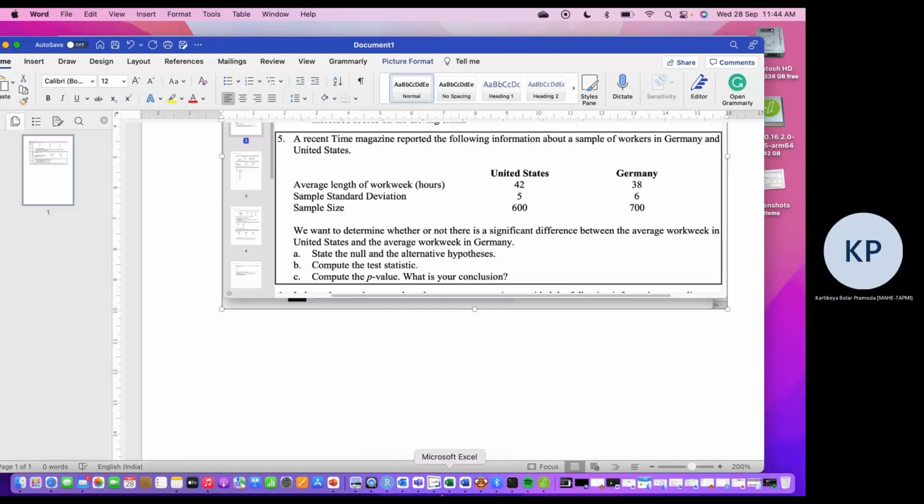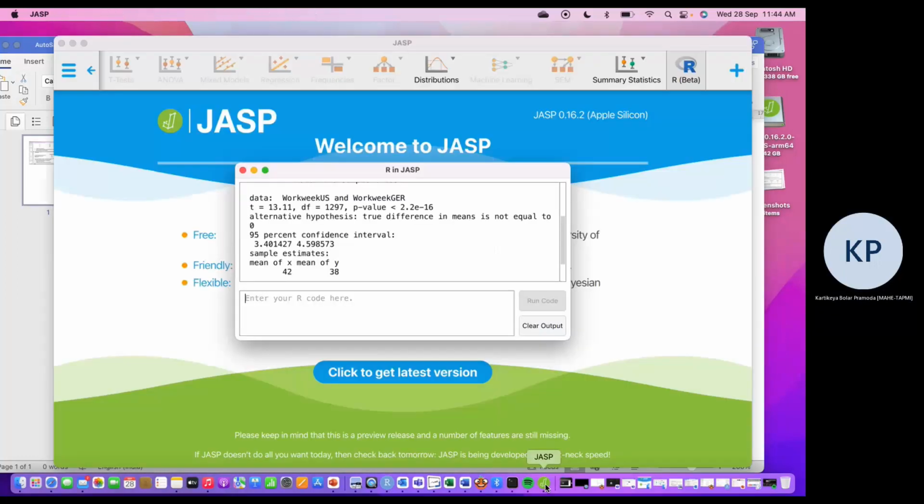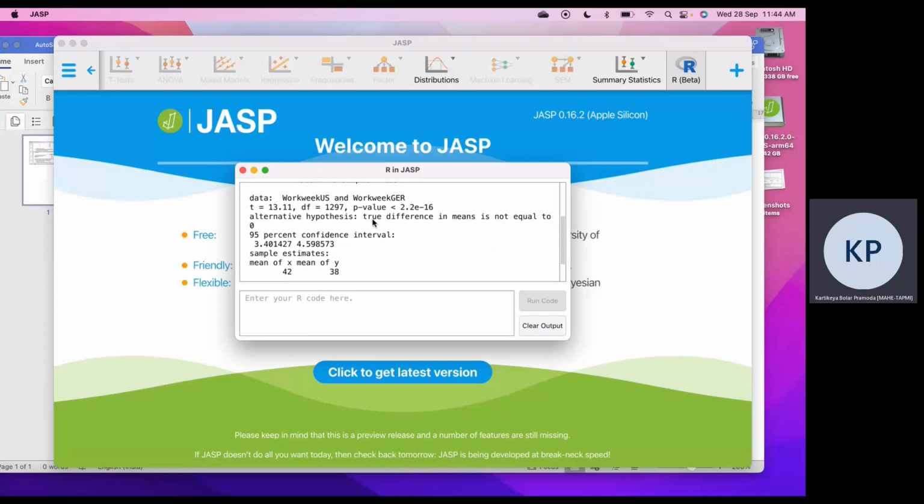When you look at the result, we can see that the p-value is so small that it is less than the level of significance. What it means is that the work week in US and the work week in Germany, on average, are not the same.